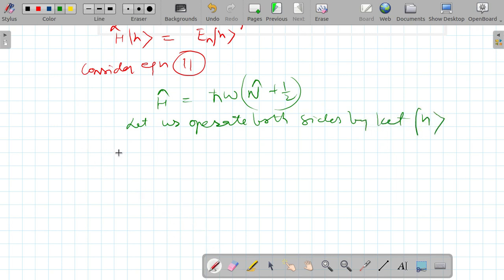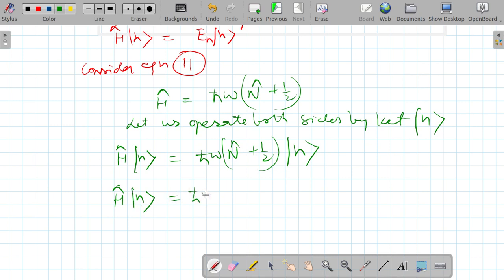So if I operate with ket n from the right hand side, it is equal to h cross omega n plus 1 by 2 ket n. So it is h cross omega n plus h cross omega 1 by 2, right?